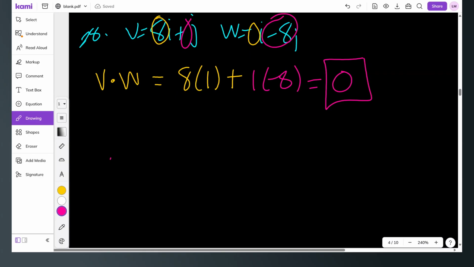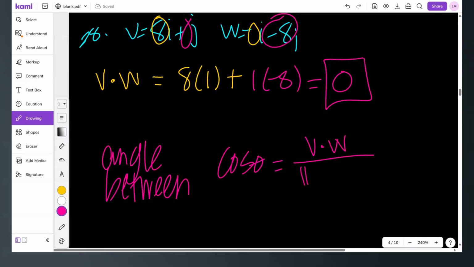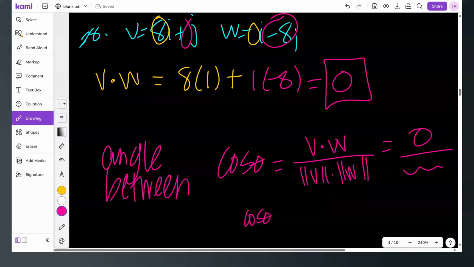So the angle between is cosine theta equals the dot product of the two vectors, divided by the lengths of both of the vectors. We already did the dot product. We know it's 0. It really doesn't matter what the lengths are because this is going to be 0. Where is cosine 0? I want cosine inverse of 0. That happens at 90 degrees, or at pi over 2.